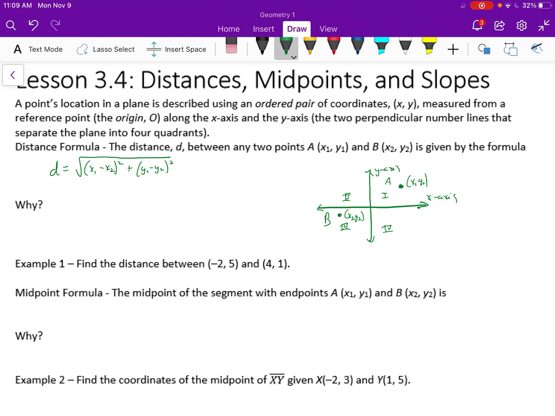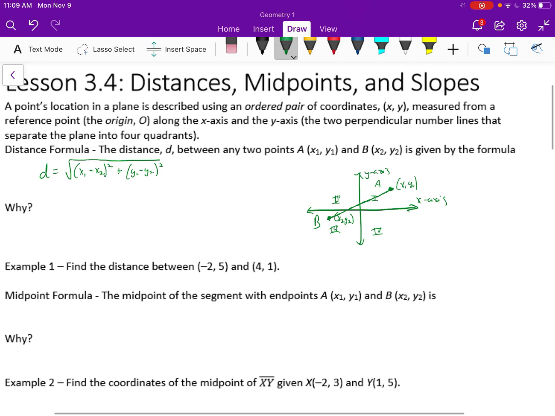Let's take a look at this. We want the distance between these 2 points. So we want this distance. Well, what we end up doing is we connect a horizontal and a vertical segment to make a right triangle.